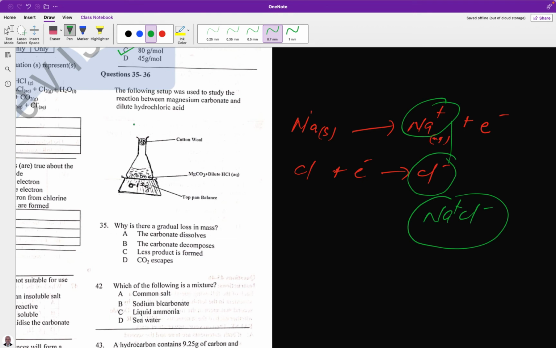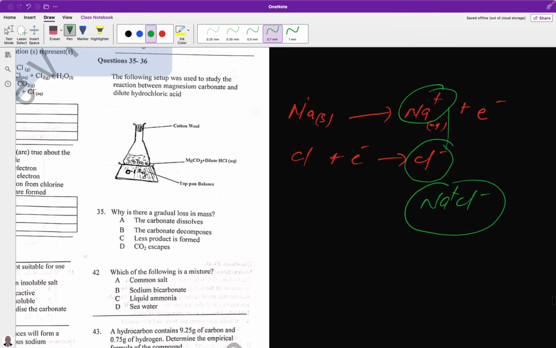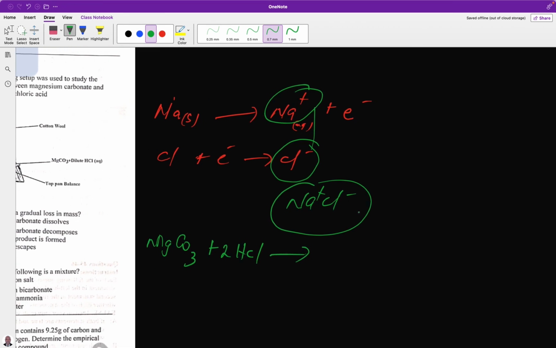The reaction is magnesium carbonate plus 2 hydrochloric acid to give magnesium chloride, a salt, plus water, plus carbon dioxide.